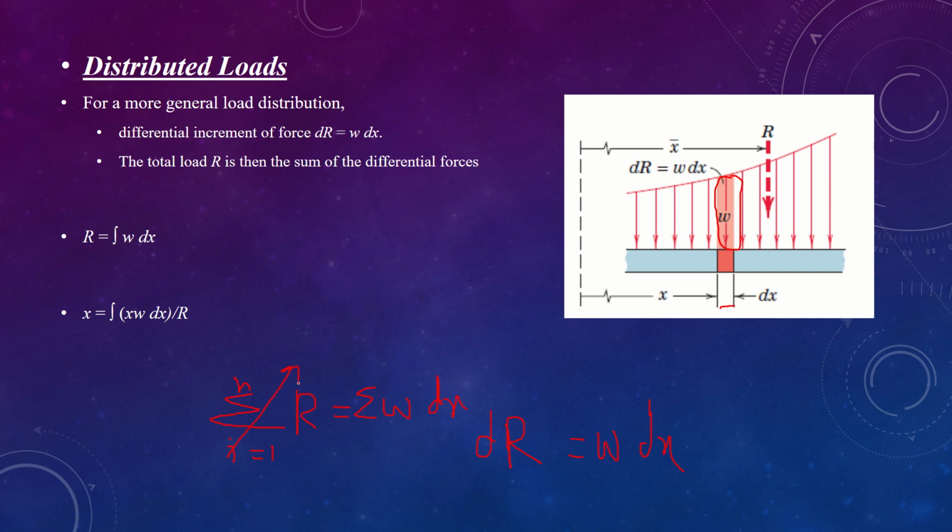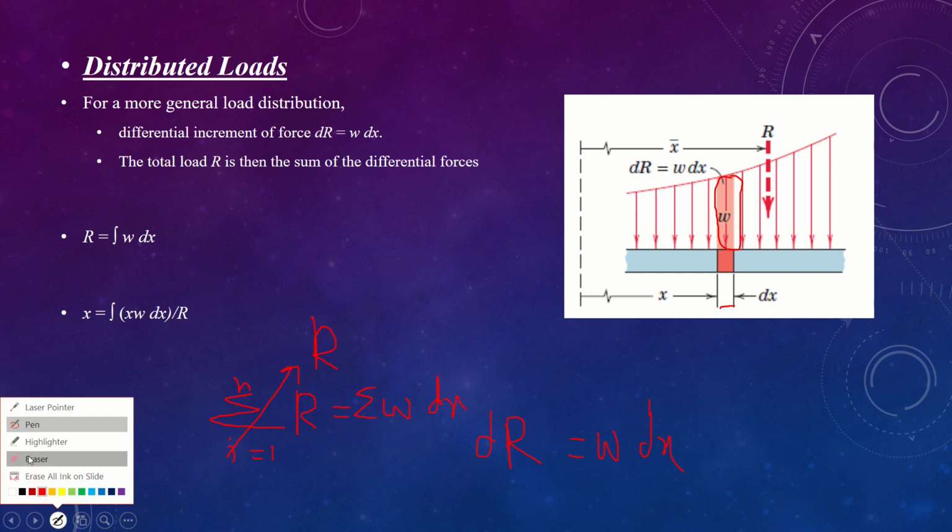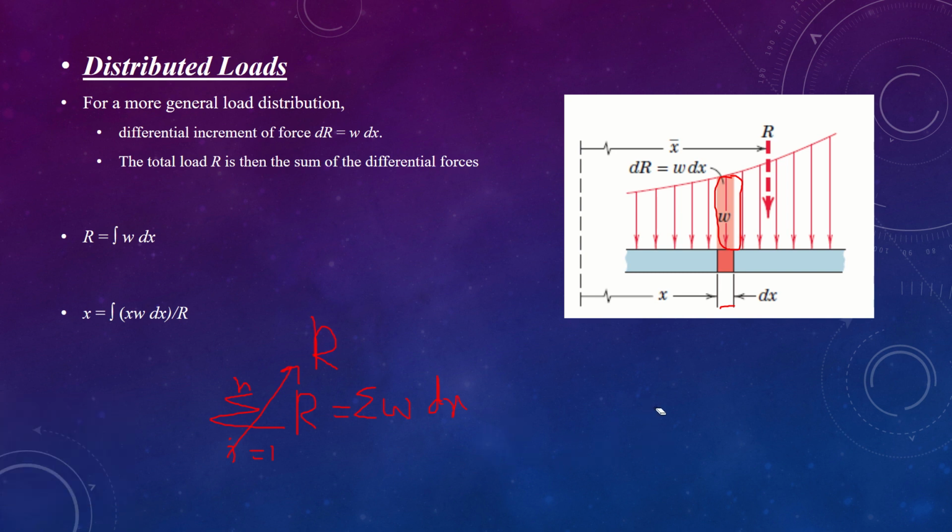Now we know that this sum is going to be equal to the entire R, so we can say this thing is a single R, and that single R should be equal to the summation of all the W's distributed over the small fragment of length x. And this can be written in a very generalized integral form from x1 to x2, and this is what you get right here, a very generalized formulation.